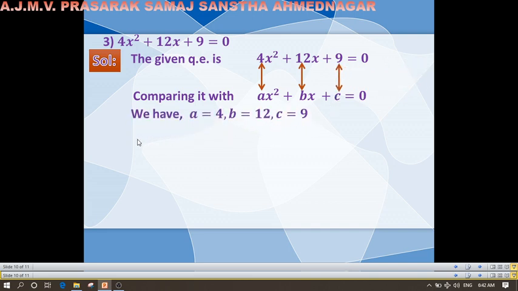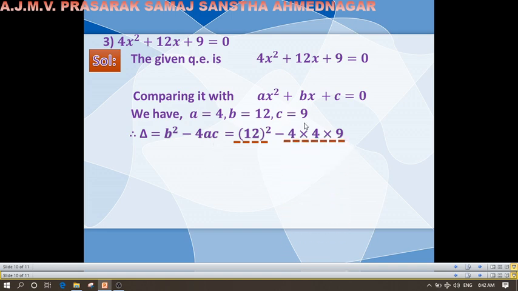First of all, find the value of the discriminant, delta is equal to b square minus 4ac. b is 12, so the square of 12 is 144, minus 4 as it is, into a 4 into c 9. So 4 into 4 into 9, which is also 144.